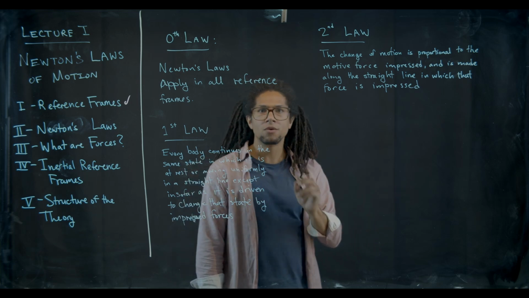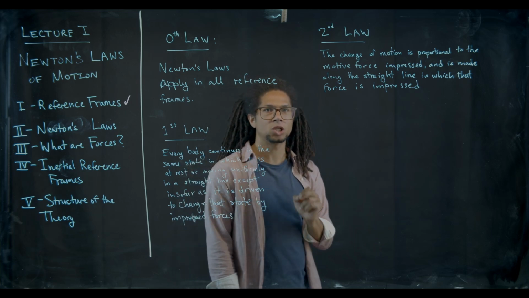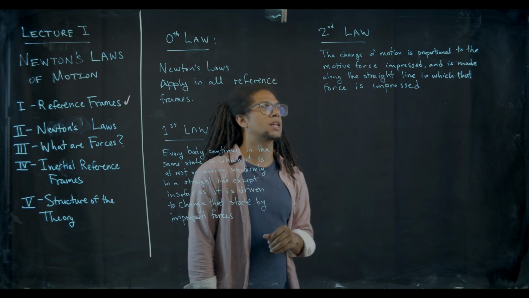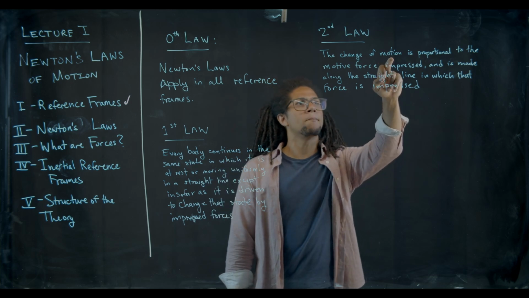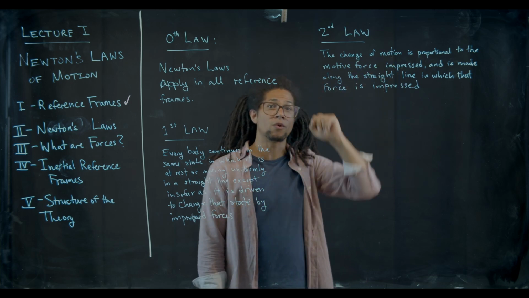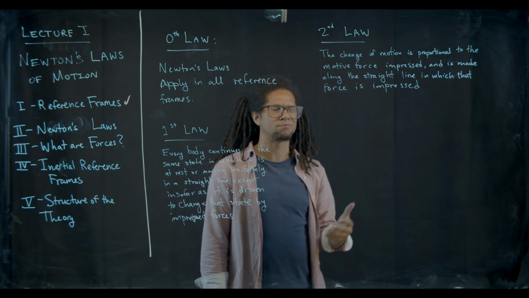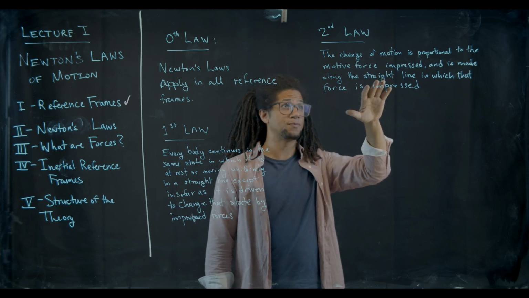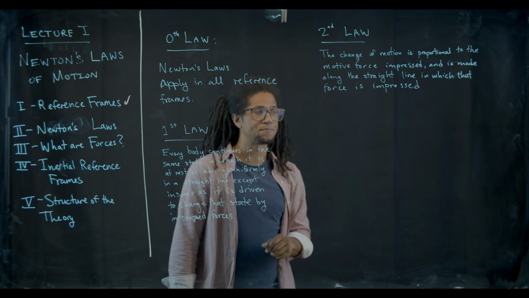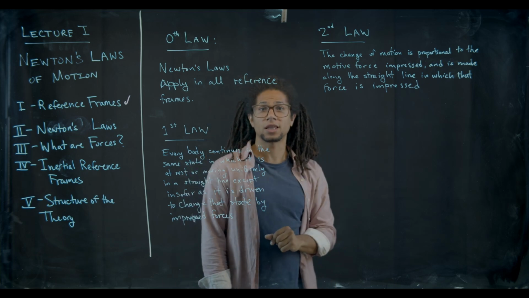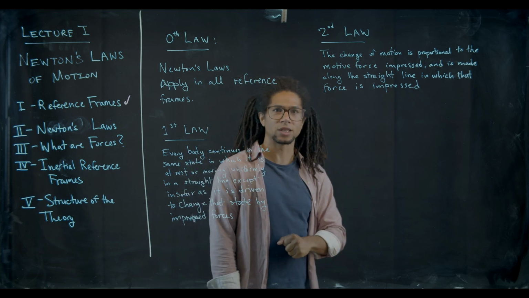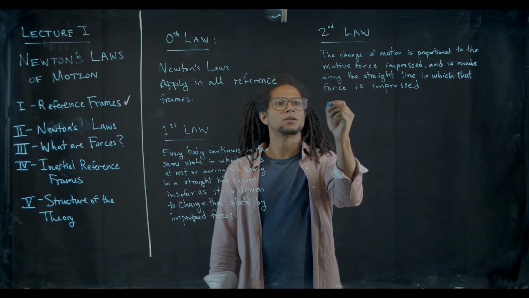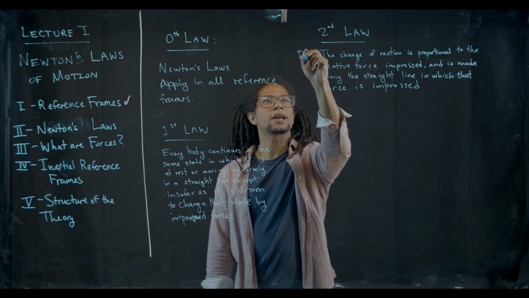There is actually one thing that I'm also going to change here, just because we're going to revisit in a few lectures Newton's actual statement here. By motion, Newton probably means what we would now call momentum, or possibly what we now call impulse. But in any case, he doesn't mean acceleration. I'm going to restate this in terms of acceleration, and then we'll revisit the momentum formulation a little bit later in the course.